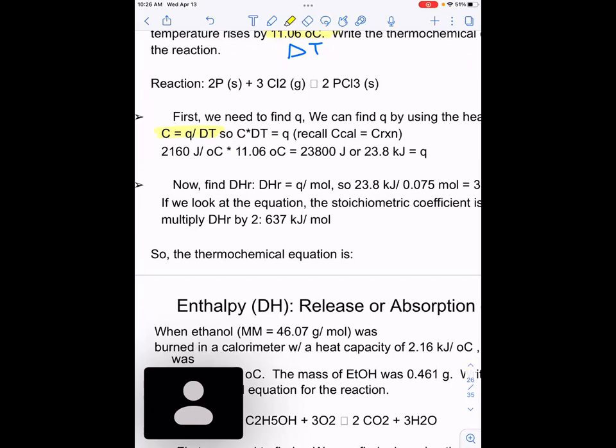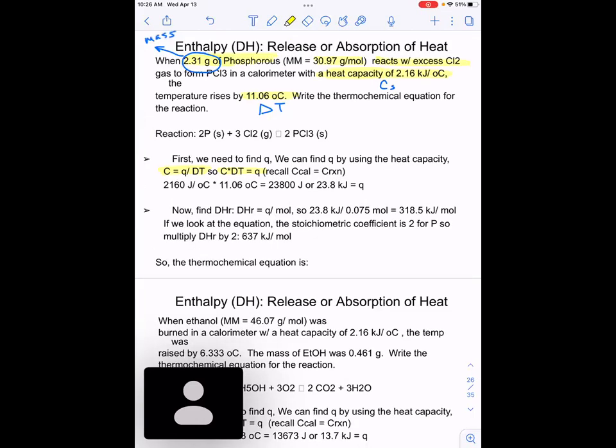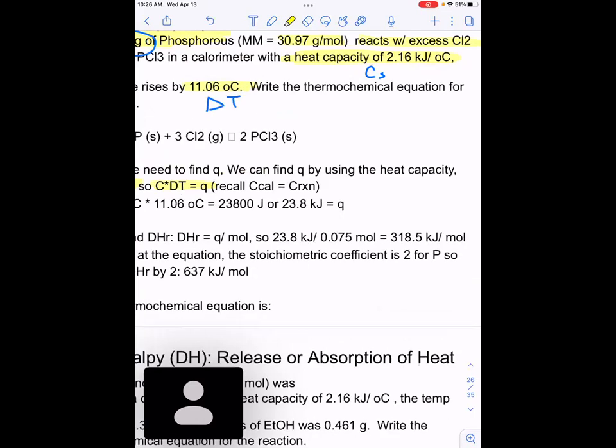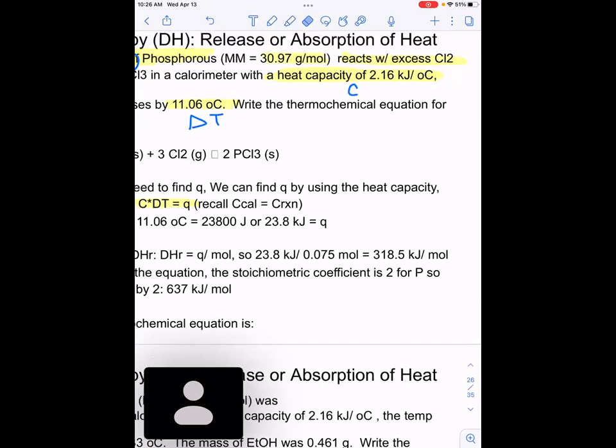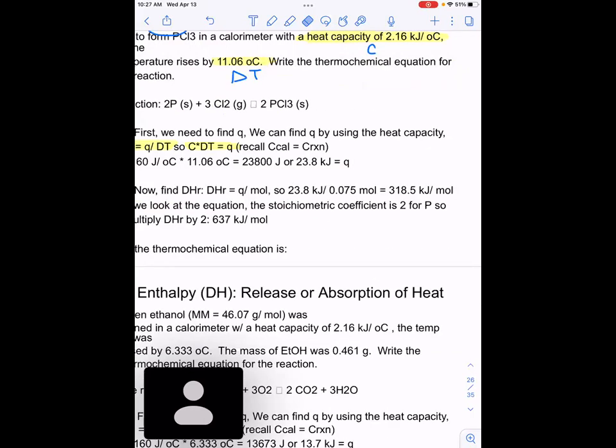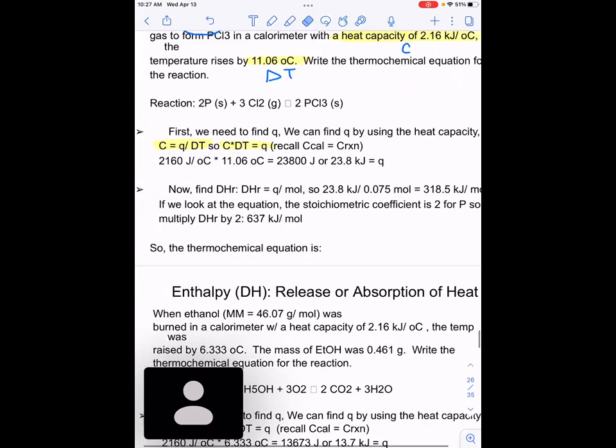So we're going to just take this and rearrange it. Right, so here is the rearrangement to find Q. It gave us the heat capacity, not specific heat. Let me take that back. It's not specific, it's just heat capacity. So it just gave us C. But even with that, we can find Q. All we need to do is rearrange the heat capacity equation, which I have highlighted, right? And the calorimeter and the reaction heat capacity are the same in this particular case.